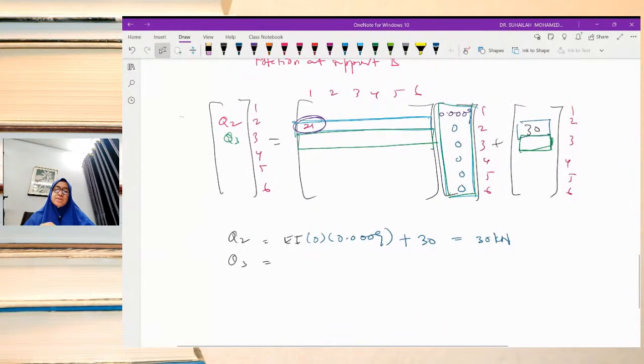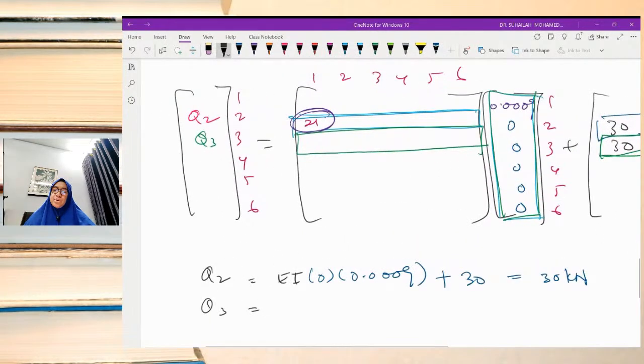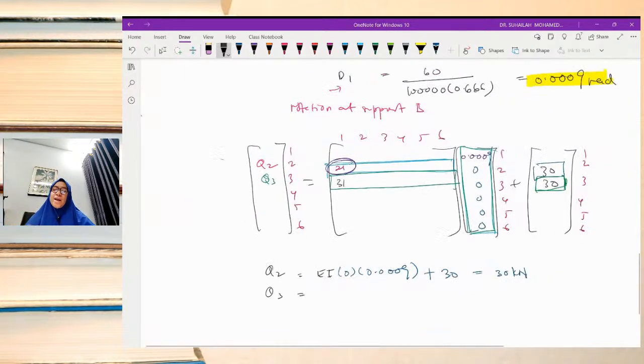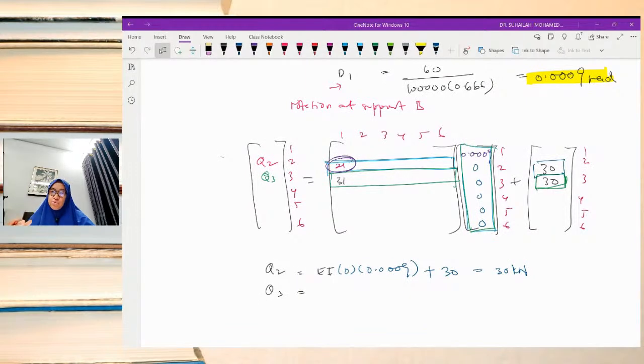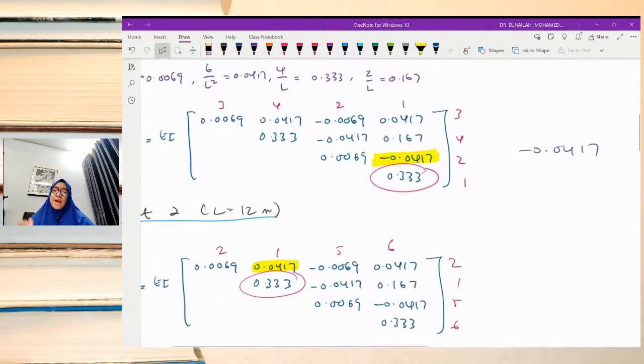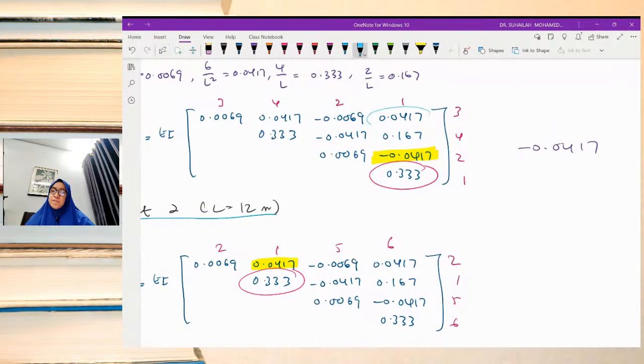We want the value at position 3, 1, because only 3, 1 will give us a value. 3, 2 until 3, 6 will give us 0. Position 3, 1 means we find the value from K1 and K2.